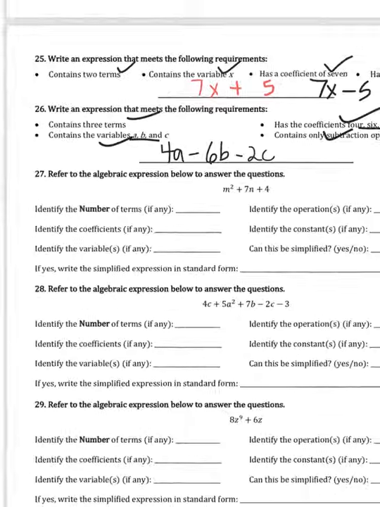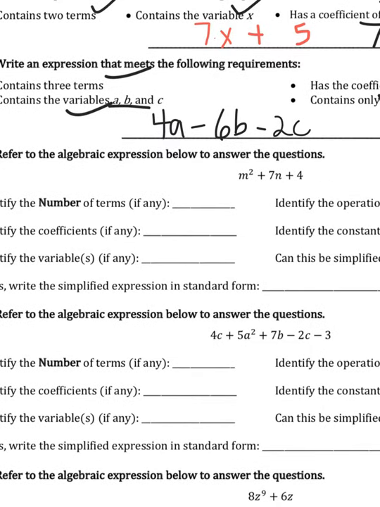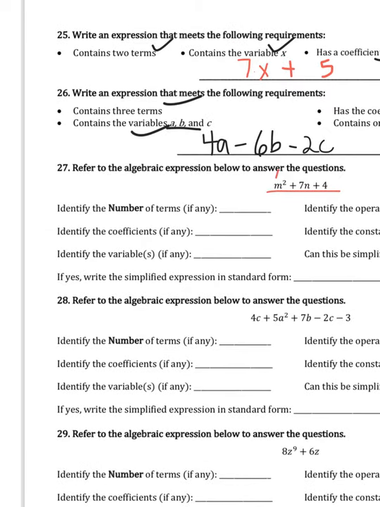Okay, here we go. Refer to this algebra expression: m squared minus 7n plus 4. How many terms? 1, 2, 3. Identify the coefficients? I just see 7. Identify the variables. I see an m and an n.